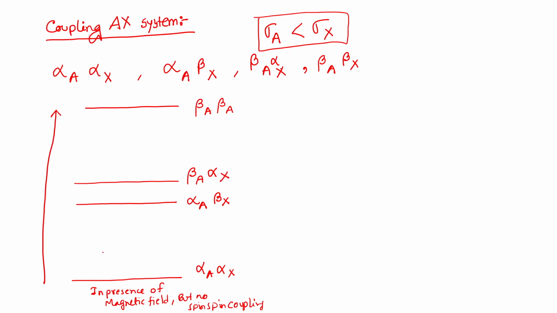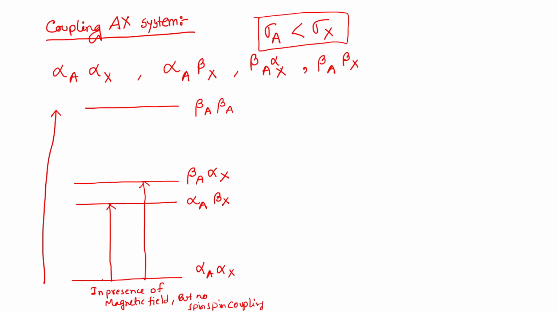When we go from alpha A, alpha X to alpha A, beta X, we are changing the spin of X, and that takes less energy than the transition from alpha A to beta A, because this energy gap is more as the shielding constant is less and the nuclei is facing much more effective nuclear magnetic field. That is why the gap between beta A and alpha A is more.